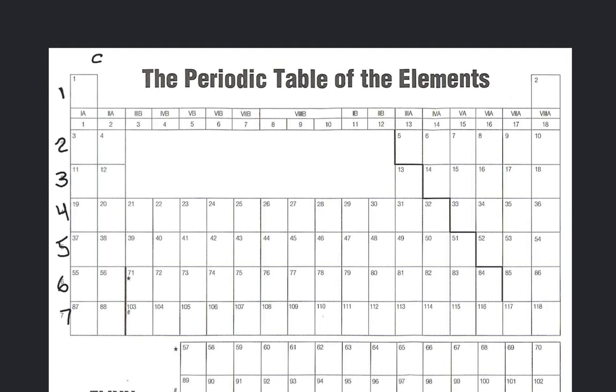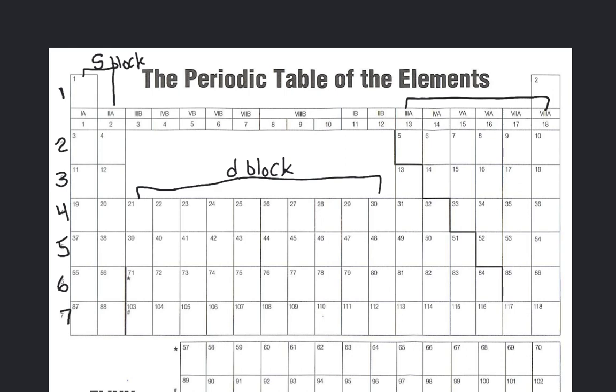And then this here is the S block. So these first 2 columns. Oh, this is going to be tough here to get that all the way listed. This is the D block. And then this is the P block.